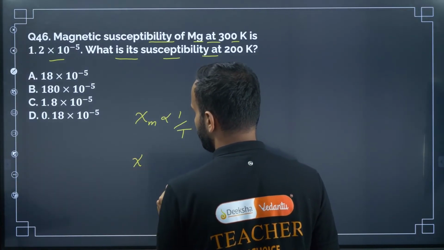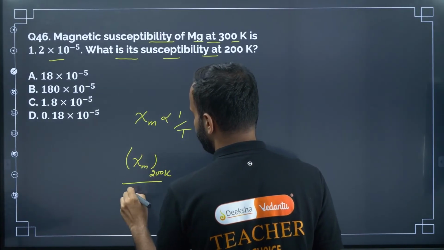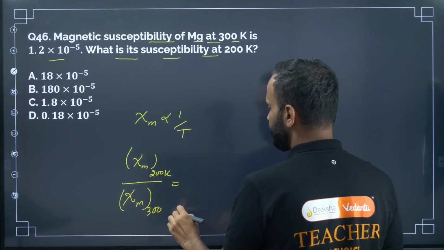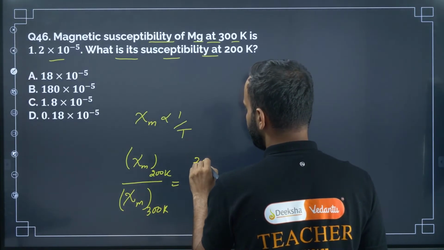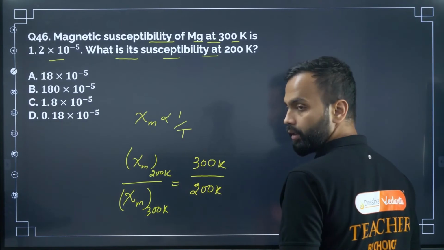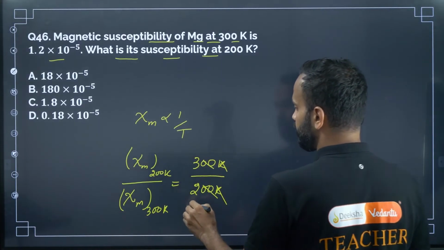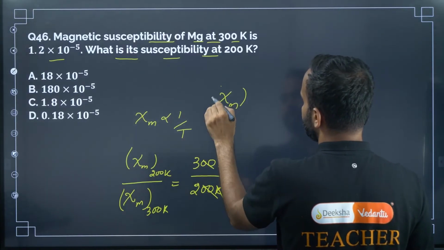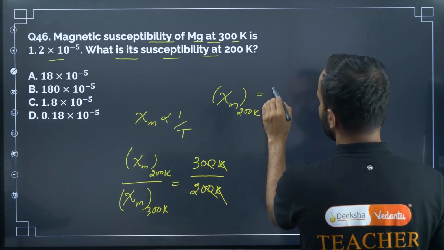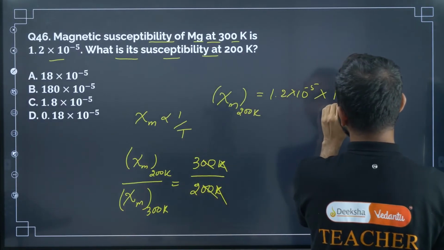So xi m at 200 Kelvin divided by xi m at 300 Kelvin is equal to 300 Kelvin divided by 200 Kelvin. Kelvin gets cancelled, 100 gets cancelled. So the magnetic susceptibility at 200 Kelvin is equal to 1.2 into 10 to the power minus 5 into 3 by 2, which is 1.5.